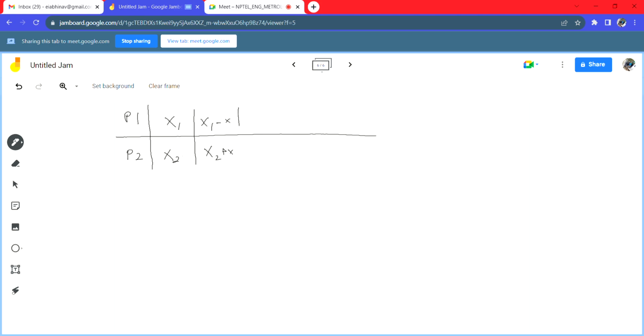There is no logic associated with this. In the next, it becomes again x1 minus x, this becomes x2 plus x. In the third, it becomes x1 minus x, it becomes x2 plus x. In the fourth, it again becomes x1 and it remains x2 plus x. In the fifth, it remains x1, it remains x2 minus x.